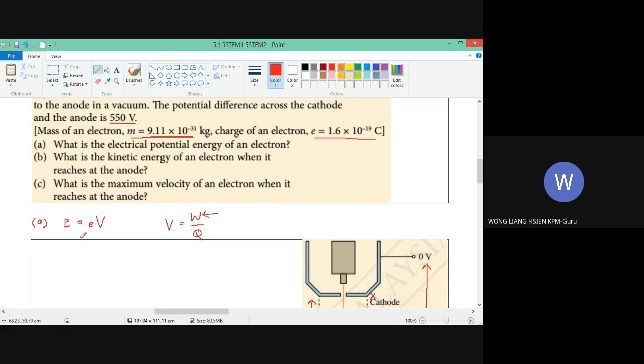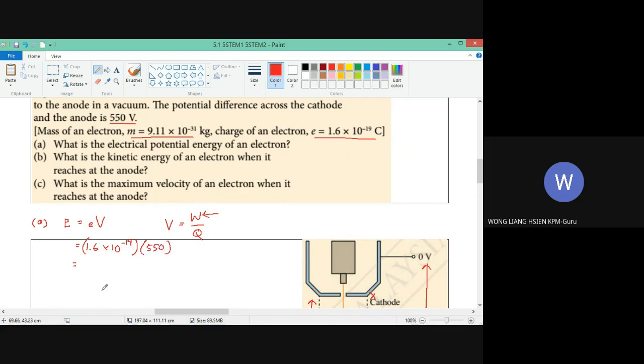Since we are learning this, I will show the working using this equation. The charge of an electron is 1.6 times 10 power by negative 19, potential difference 550 volt.